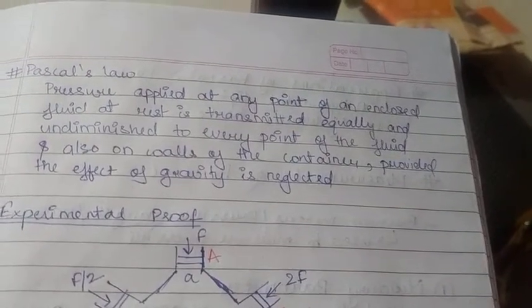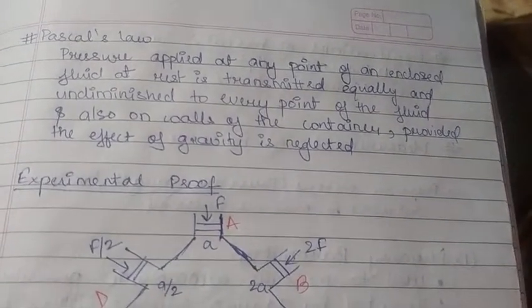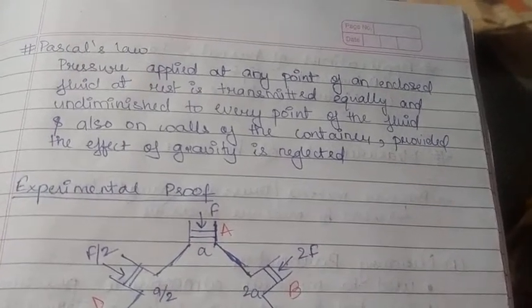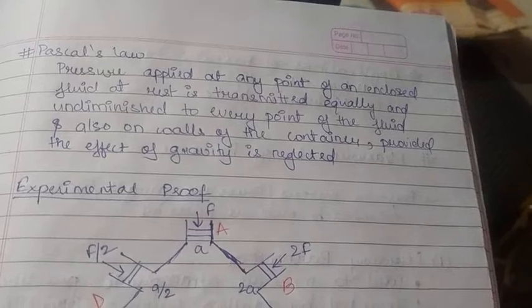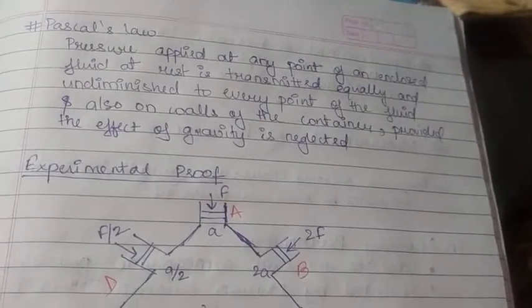There are various applications of Pascal's law. The two applications in your portion are the hydraulic lift and the hydraulic brake. They both work on the principle of Pascal's law.